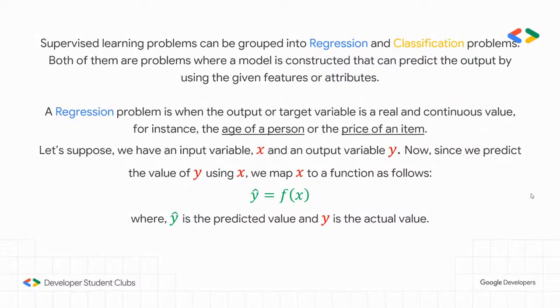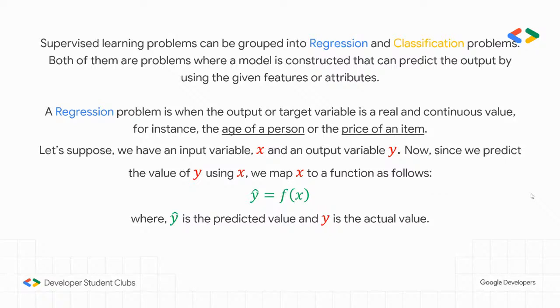A regression problem is when the output or the target variable in a given problem is a real or continuous value. For instance, the age of a person or the price of an item as the output variable.